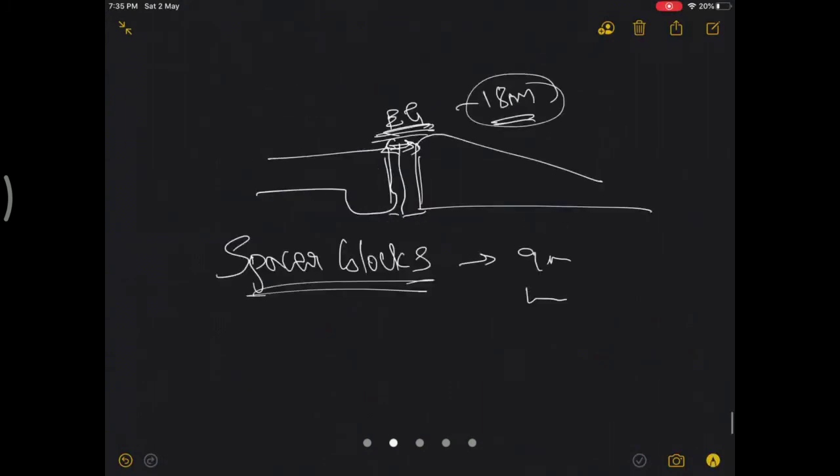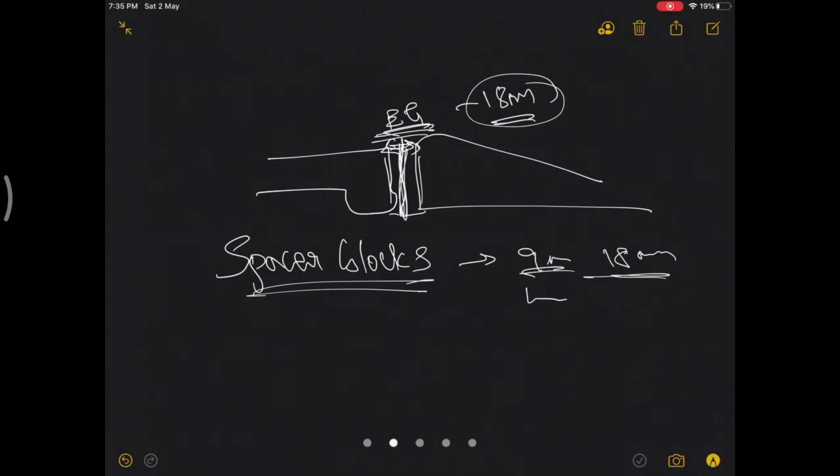That means a 9 mm block is a real 18 mm block. The thickness is 18 mm, but they call it a 9 mm block, 10 mm block. It is like that because it is divided into two halves, to maintain the joint line.